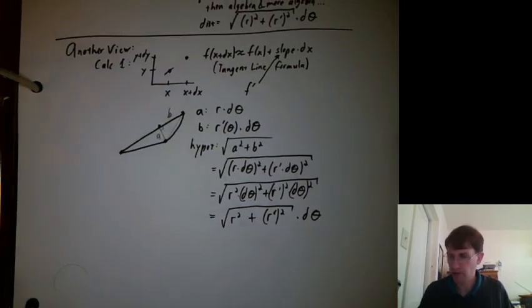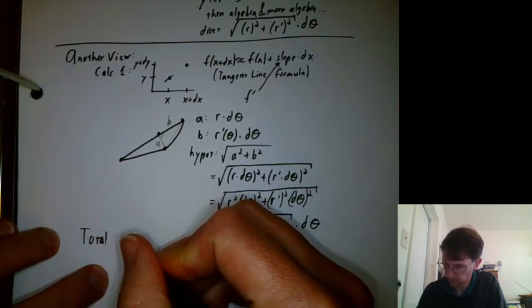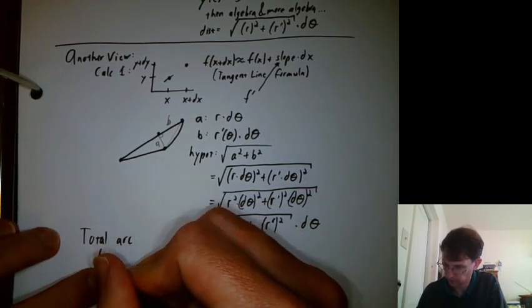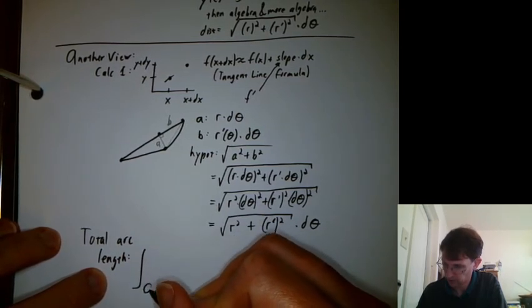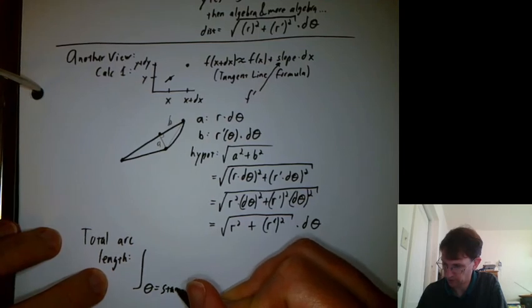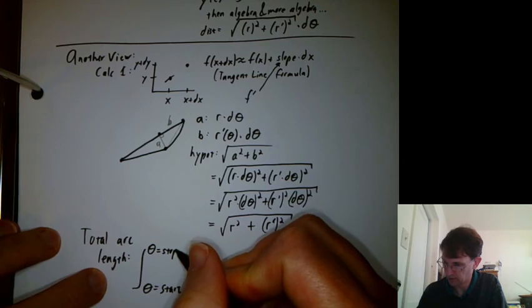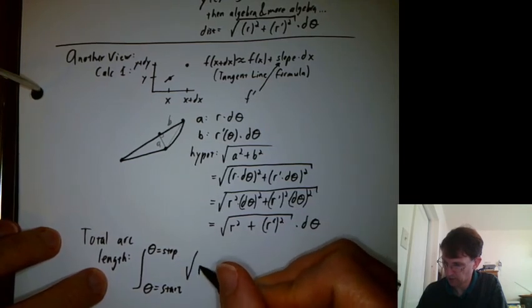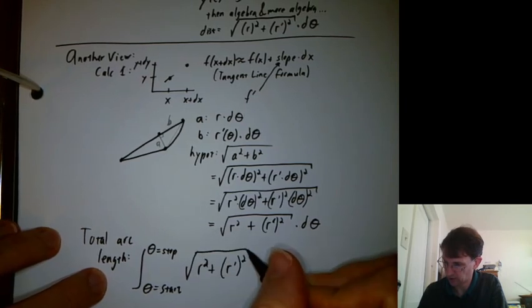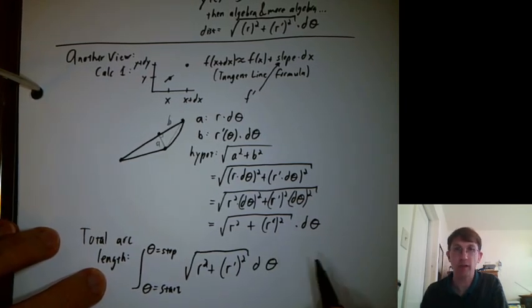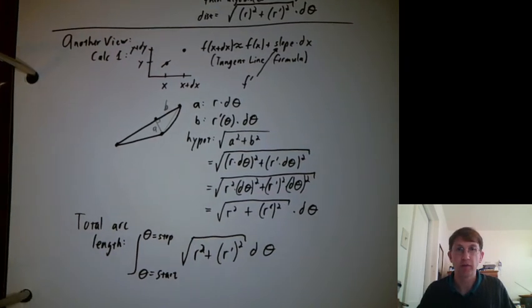And then the total arc length will be the integral from theta equals some starting value to theta equals some stopping value of the square root of r squared plus r prime squared d theta. Seems like a straightforward integral to write.